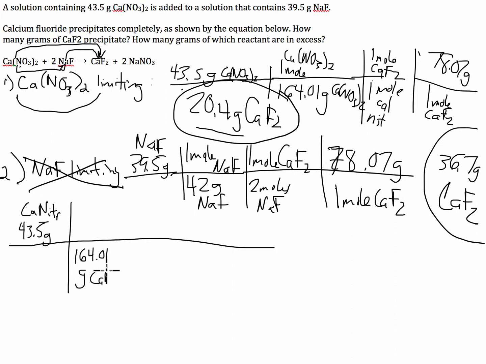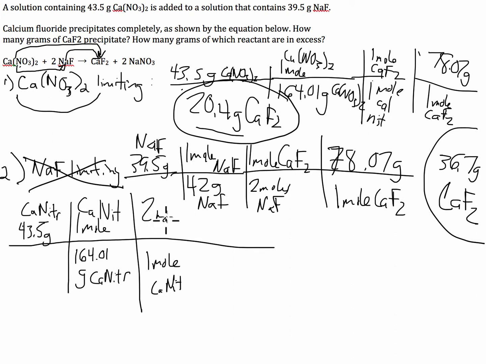Grams of calcium nitrate is 1 mole. Now we need to use the molar ratio. 1 mole of calcium nitrate reacts with 2 moles of sodium fluoride. And then we say 1 mole of sodium fluoride has a mass of 42 grams.